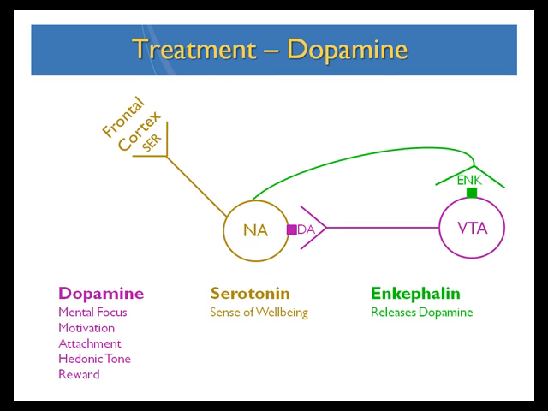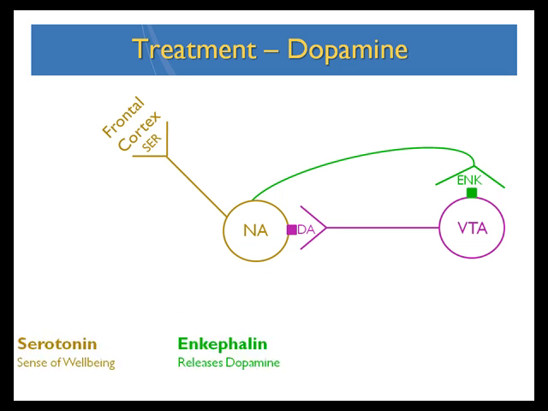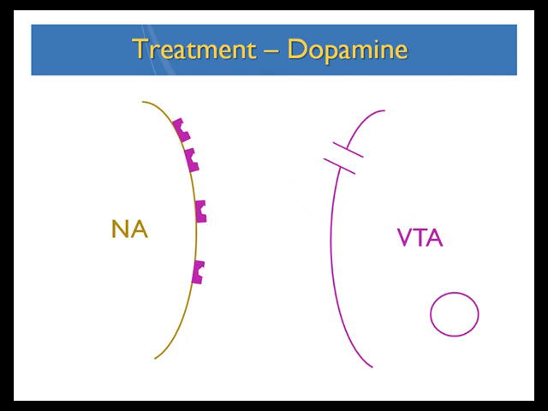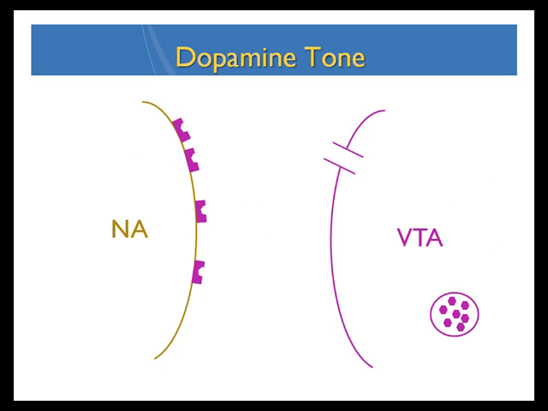Now, there are many different ways and many different places in this cartoon where we'll treat symptoms of addiction, so we'll show you each one. First, we'll start with the dopamine level at the dopamine receptor. Let's get rid of the rest of this for a while and concentrate on the area around the dopamine receptor. Over on the left is the nucleus accumbens.